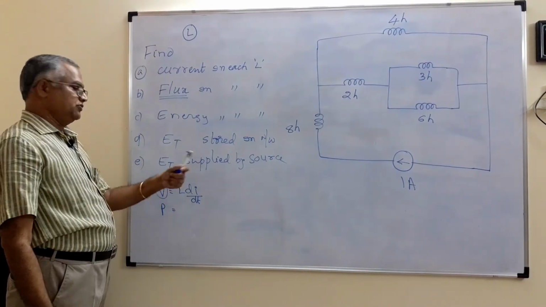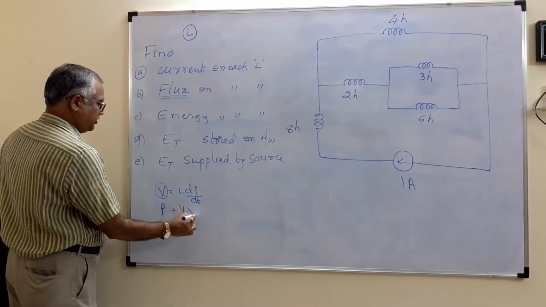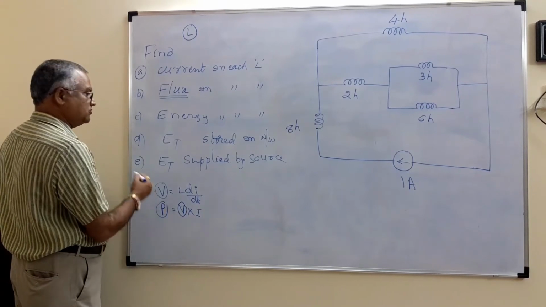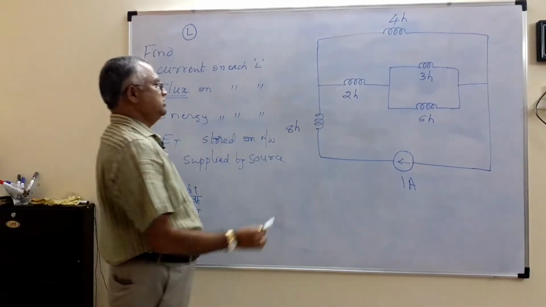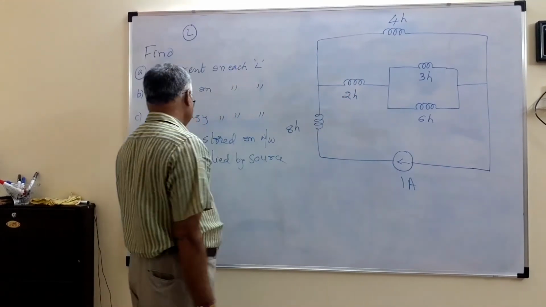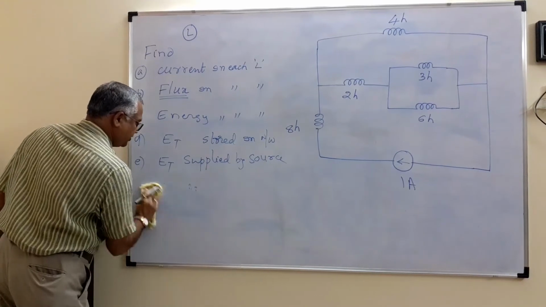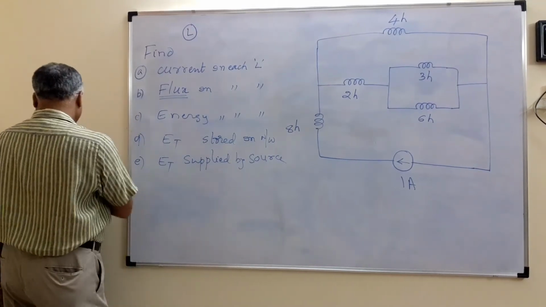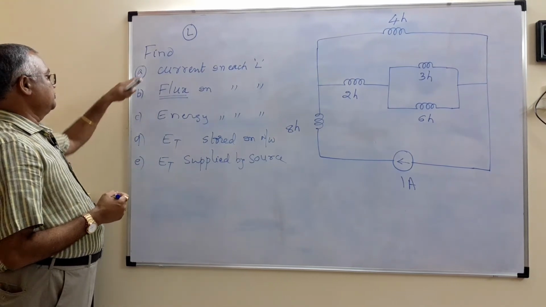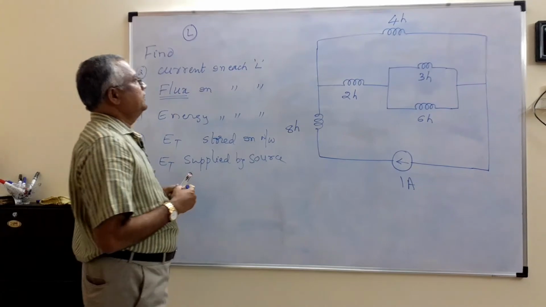But if they ask, you have to say 0. Power is nothing but voltage times current, so once voltage is 0, the power is also 0. That's why they are not asking to find voltage and power. Similarly for a capacitor network also. These are the possible questions.